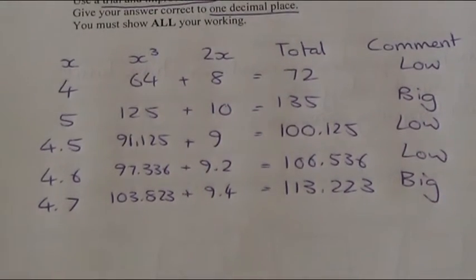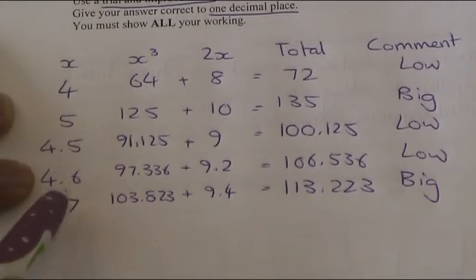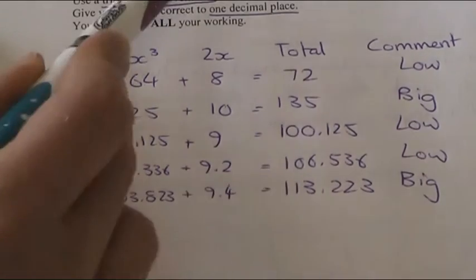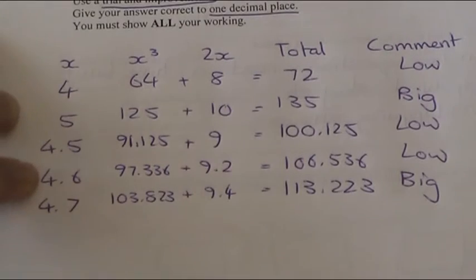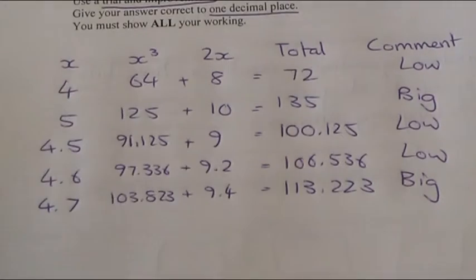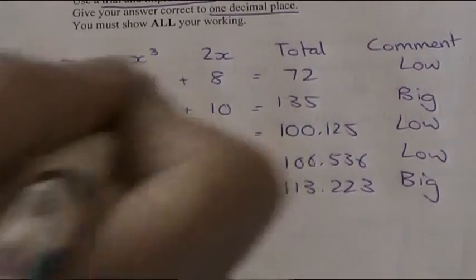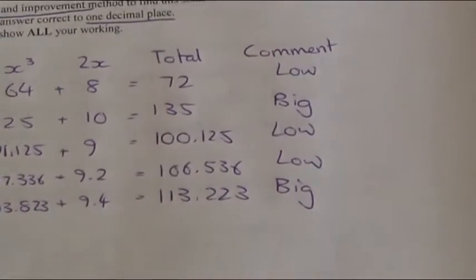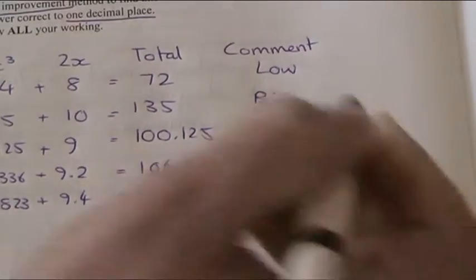Right, so you can never stop these until you've got to one decimal place. So the difference here is one decimal place, and we've got an answer just below our target, which was 110, and just above. Now all we've got to do is work out which one is closer. So if I do 110 take away 106.536, this one, I'm just going to change colour, is actually 3.464 away.